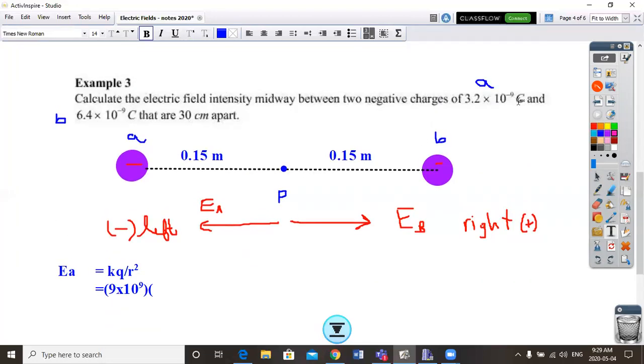QA is 3.2 times 10 to the power of negative 9, divided by r, which is 0.15. We're going to square that. And we can figure out the field due to charge A.